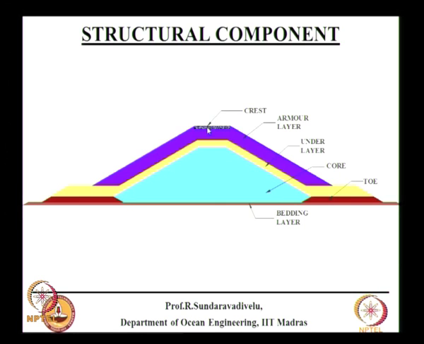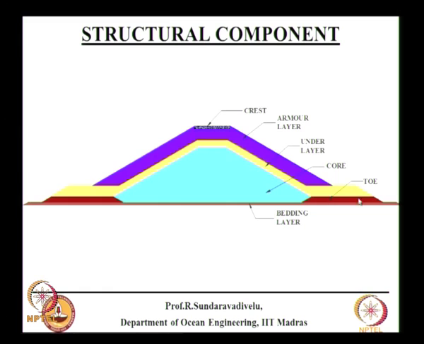So we have the road which is formed separately by a crust, then we have the armor layer, under layer, core layer, bedding layer, and these toe layers are important, because whenever you see any failure of any type of structure, 90% of the failure can be associated to one component. Any type of structure, any failure, mostly the reason will be the same for 90% of failures.